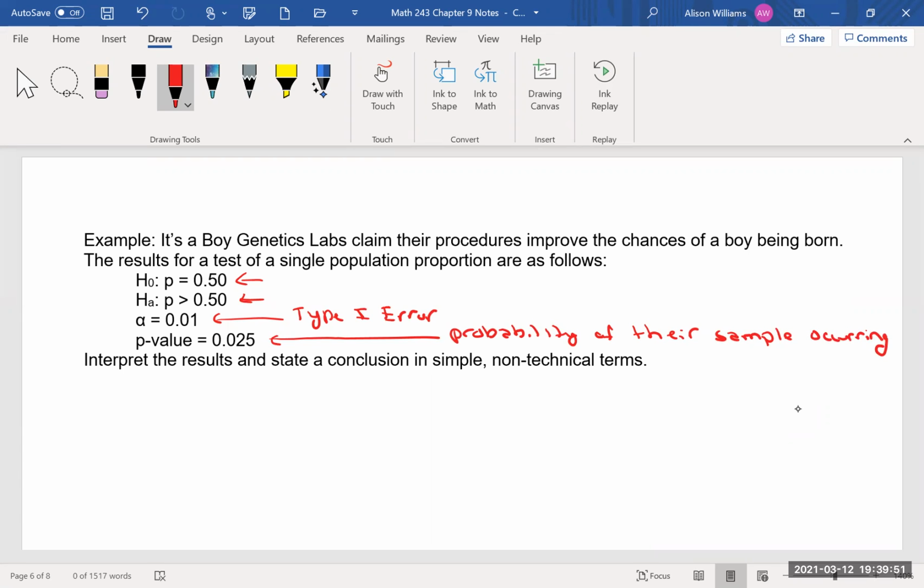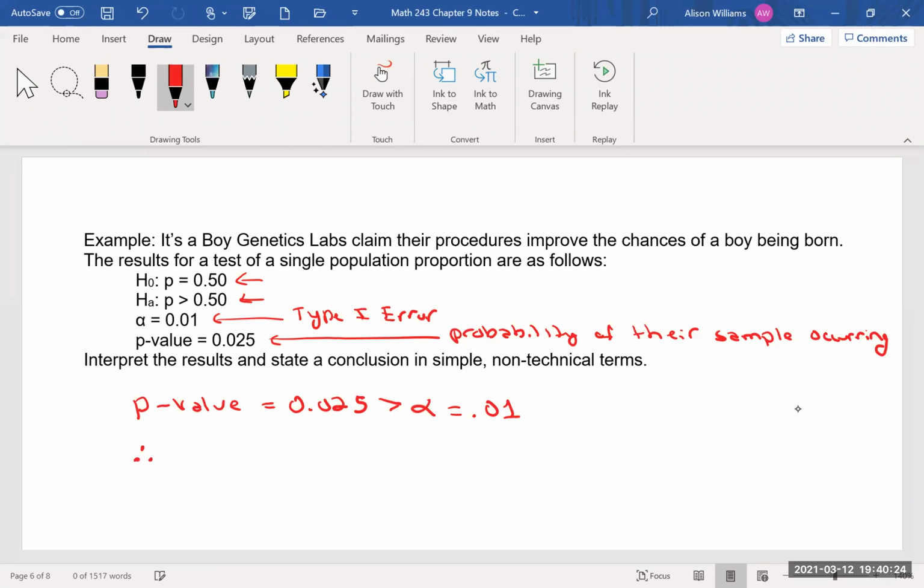So they looked at a bunch of births and measured their proportion. But here's the problem. Based on the fact that they want their type 1 error so low, I'm seeing that the p-value of 0.25 is bigger than alpha of 0.01. Therefore, we won't reject the null.